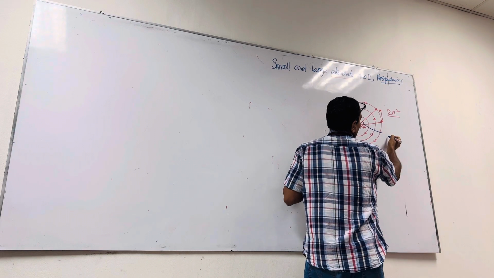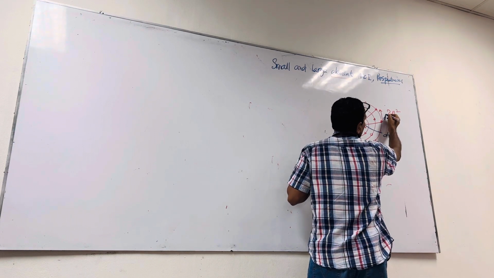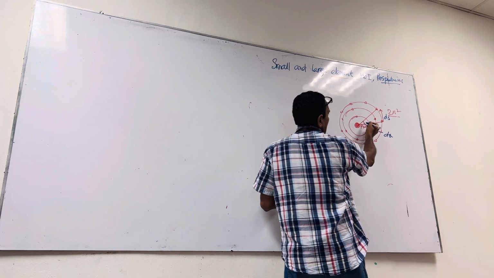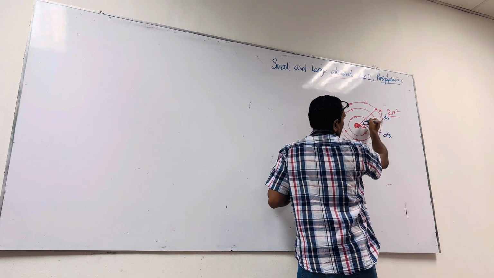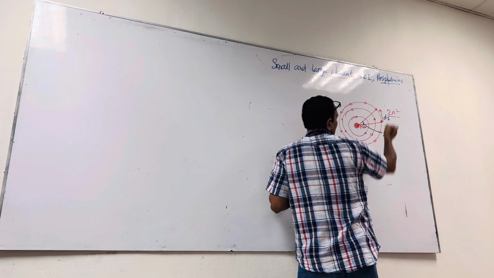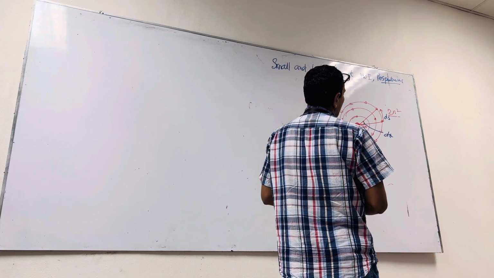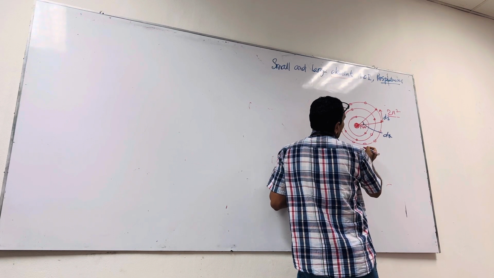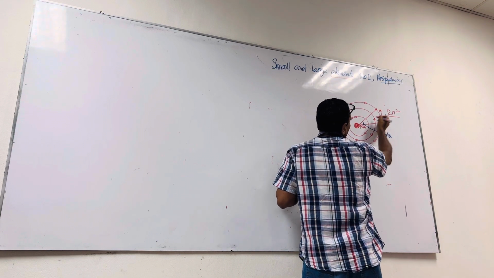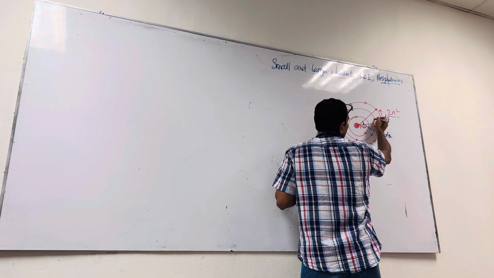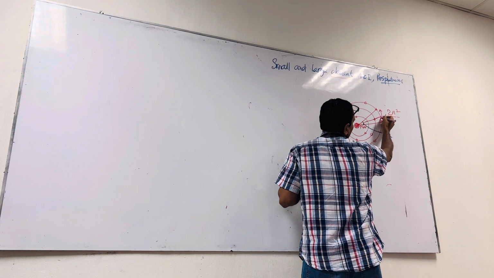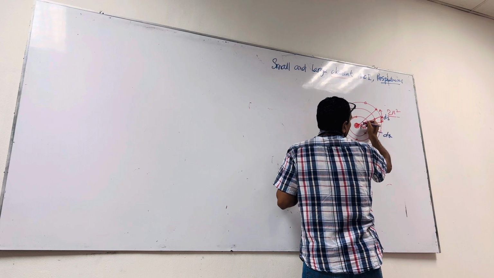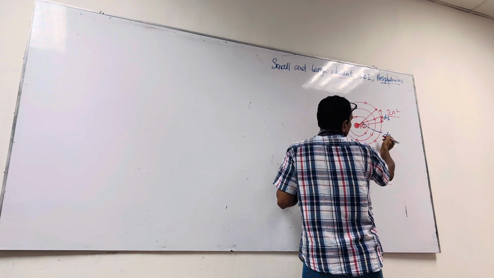So this is the del theta, this is del S. And if we think about the relationship between the rotational motion and the translational motion, then definitely we can say that for a very small periphery, it's very much straight. So this is the del S and this is the del theta.